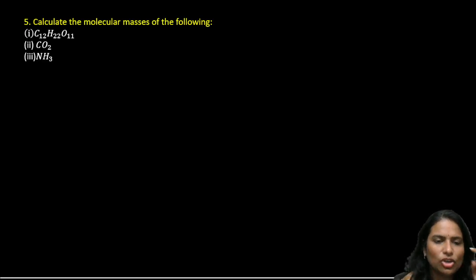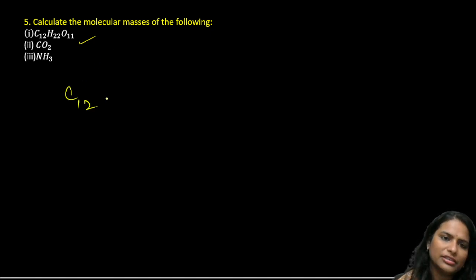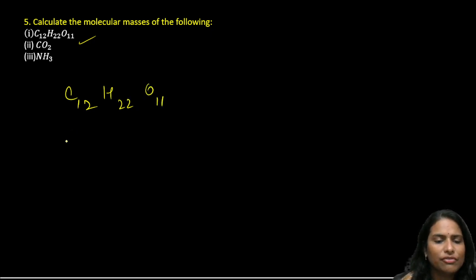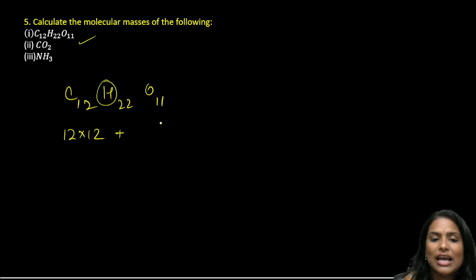This is not the mole concept but the molecular mass concept, which is also most of the time asked in the exams. So you need to practice this also. Calculate the molecular mass of C12H22O11. Simply the mass of carbon atom into 12. A single carbon atom has mass 12, plus the mass of a single hydrogen atom is 1.